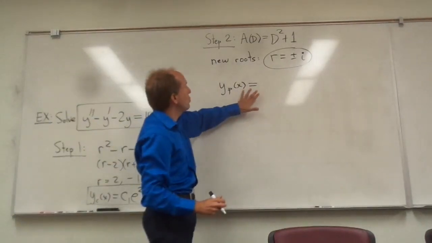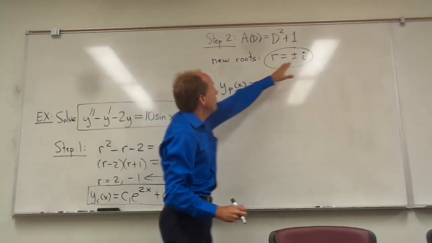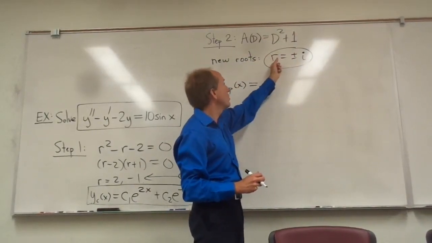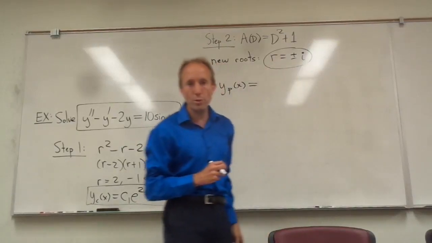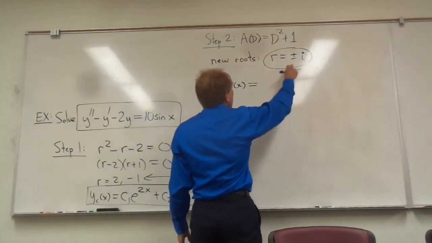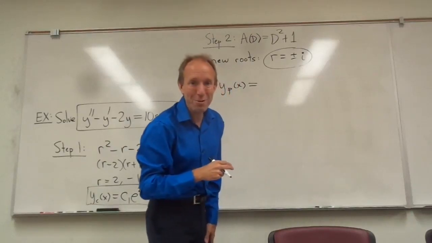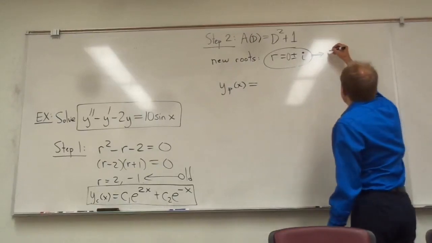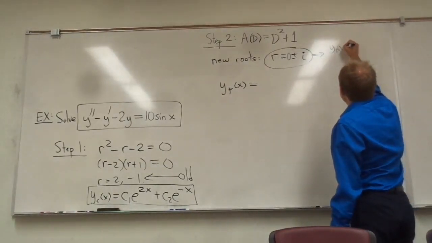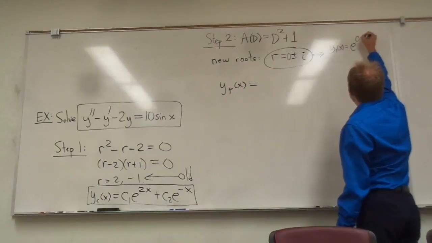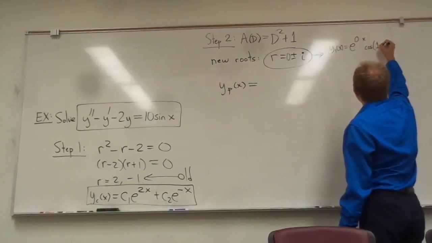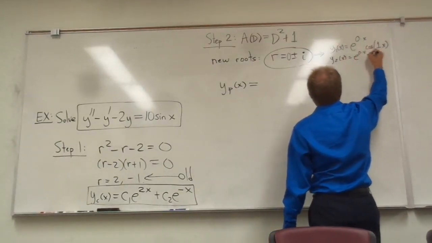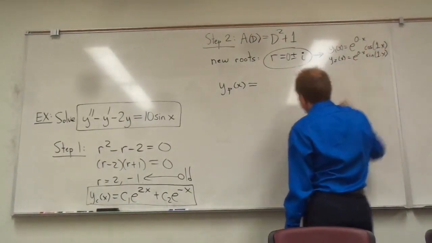The particular solution really just comes now from writing down the expression that coincides with the solution that has those two roots. This is just going to be sines and cosines, if you remember. So this is 0 plus or minus i. You're going to get solutions e to the 0x times cosine of 1x, and the second solution is e to the 0x times the sine of 1 times x.